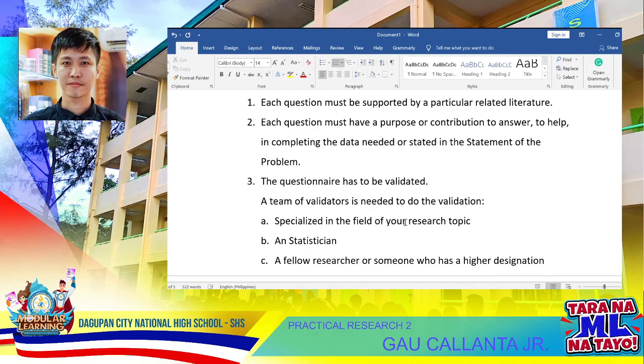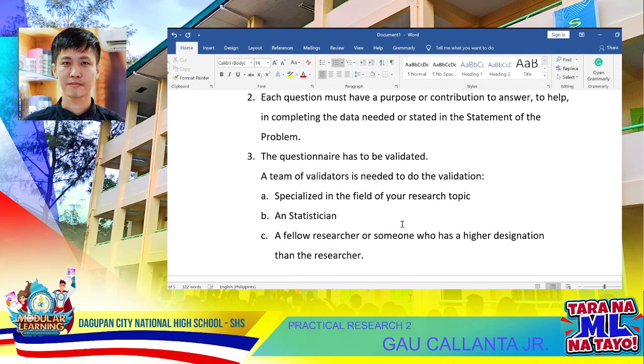A team of validators is usually composed of 3 recommended people: someone who is specialized in that field or topic; number 2, a statistician; and number 3, a fellow research teacher or someone who has a higher designation than the researcher.